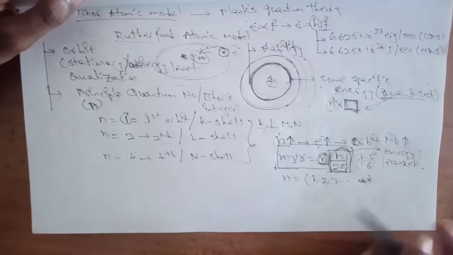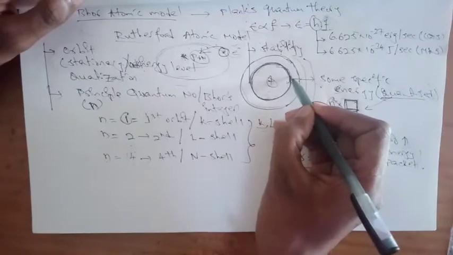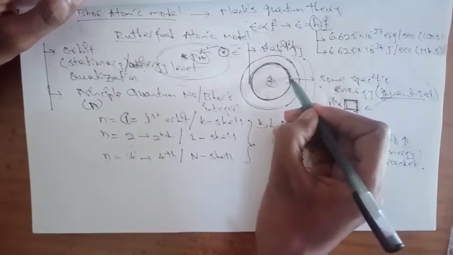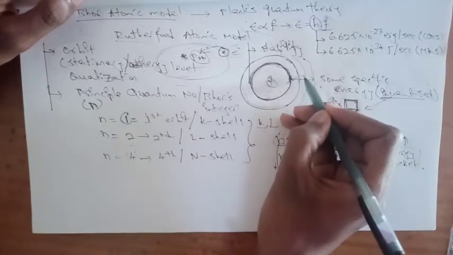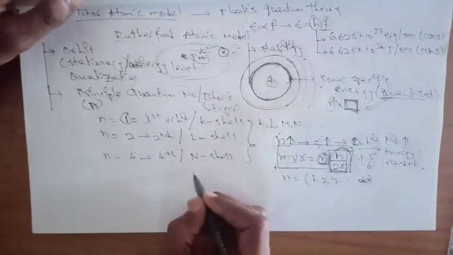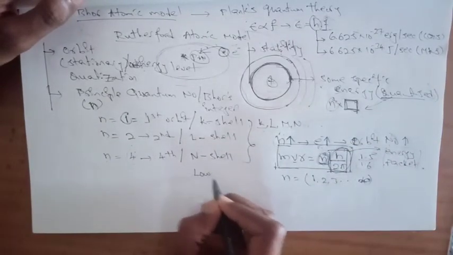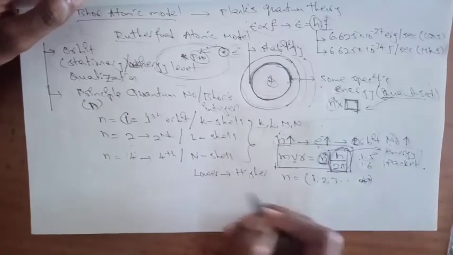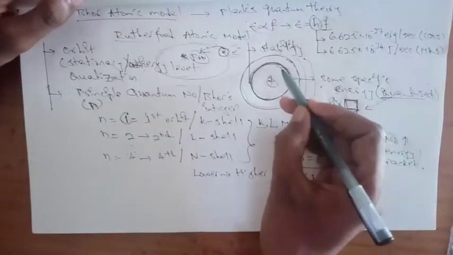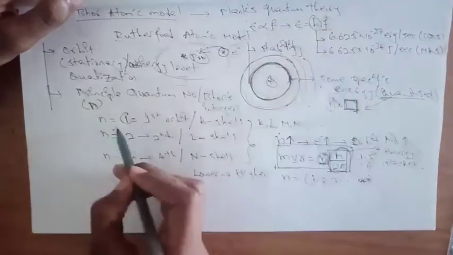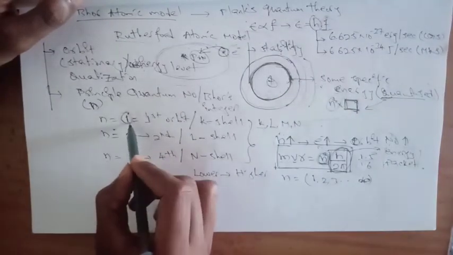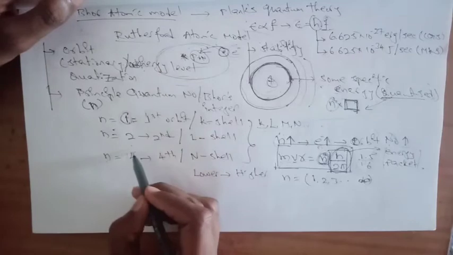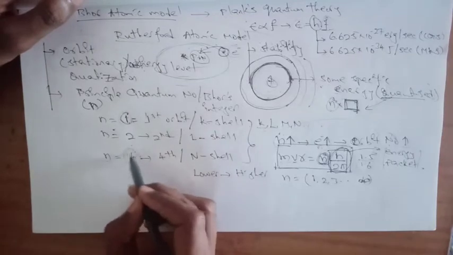Okay. Another concept is, if the electron wants to jump from a lower orbit to a higher orbit. Consider the electron at the first orbit, which has the lowest energy, and it wants to jump to the fourth orbit, which has higher energy.